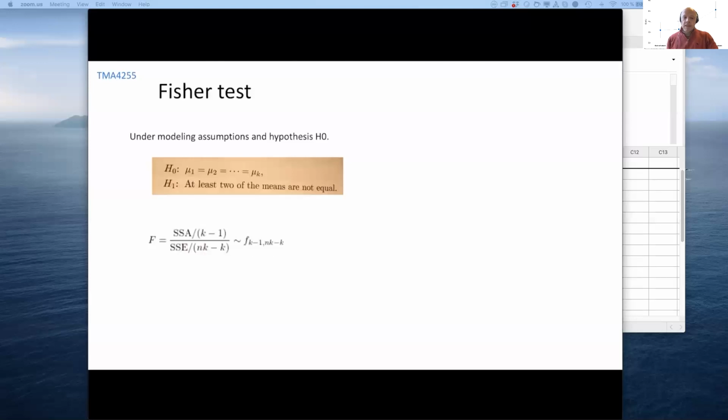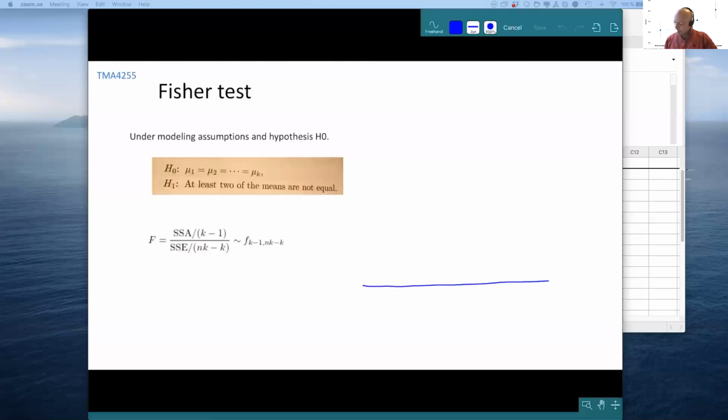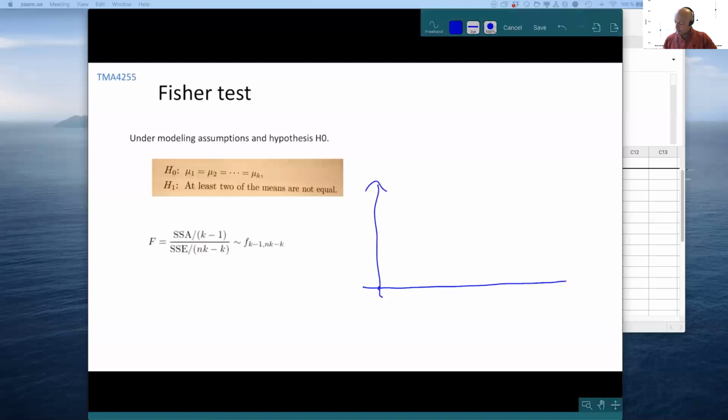And in such a setting, we would then reject the hypothesis here if we get a large value of the Fisher distribution. So here's a sketch of the Fisher distribution. Here there's a percentile in the Fisher distribution, such that the area here is alpha, the significance level.